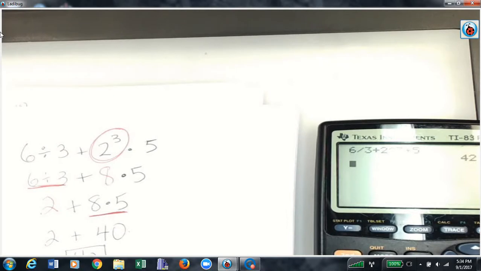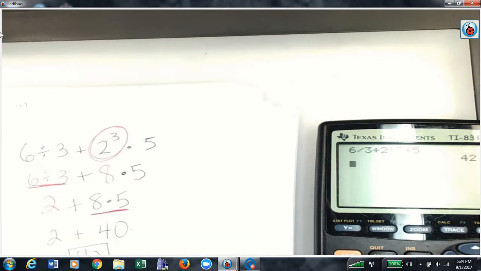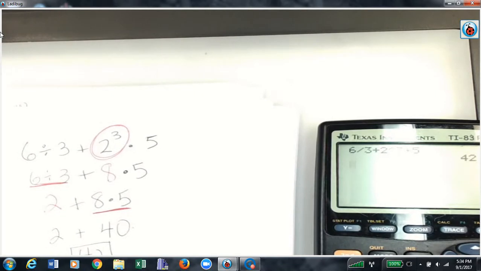So this is why we have to know order of operations without a calculator. But it's nice when we're starting something like this, if there's only numbers, you can use the calculator to check. So let's look at some of the other problems. Let's look at this one.